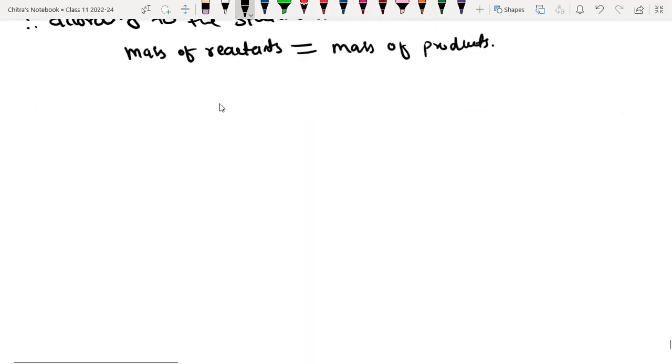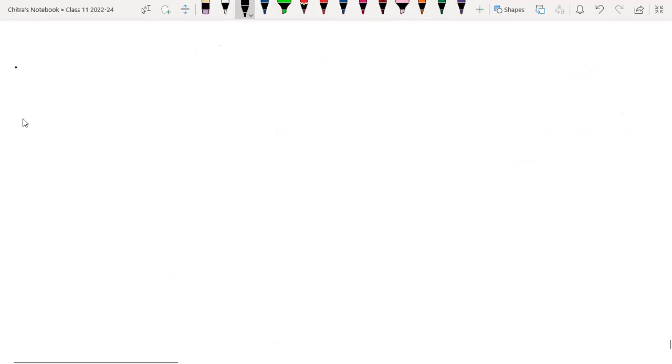Okay, so for that, we are going to understand one example also. In order to calculate whether the mass is equal on both sides, means reactant side and product side, what you have to do? You have to just calculate the number of atoms on the reactant side and product side.